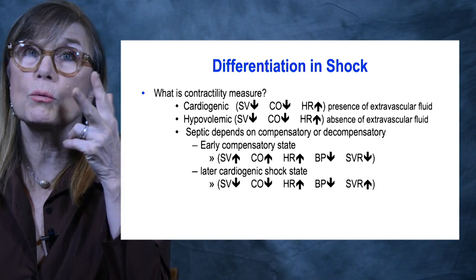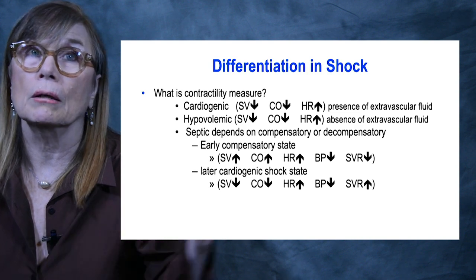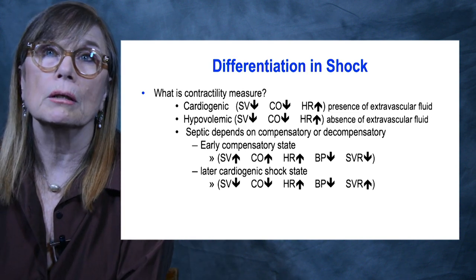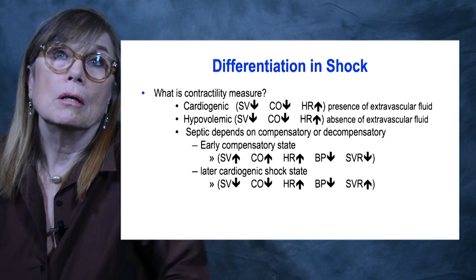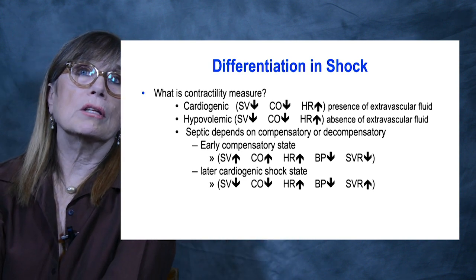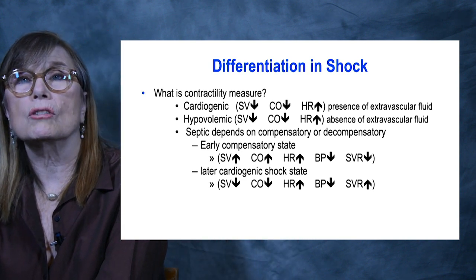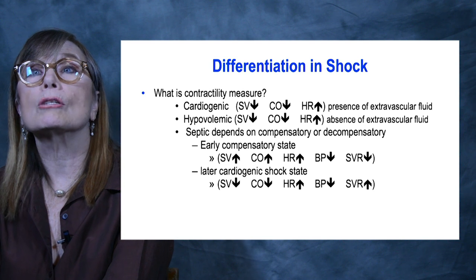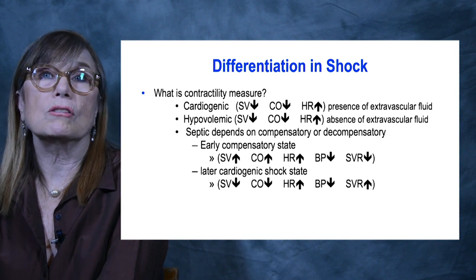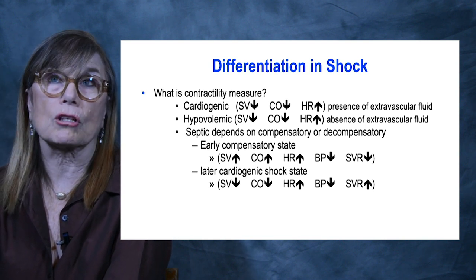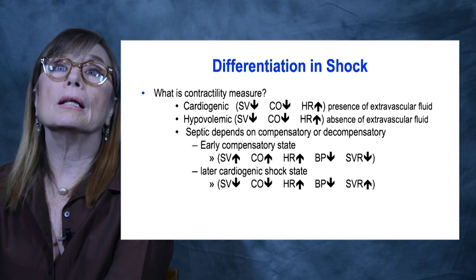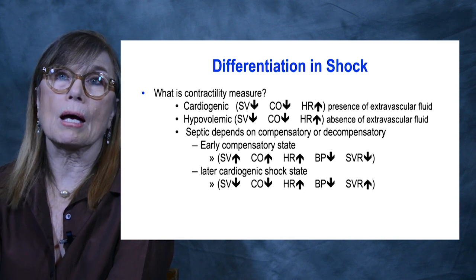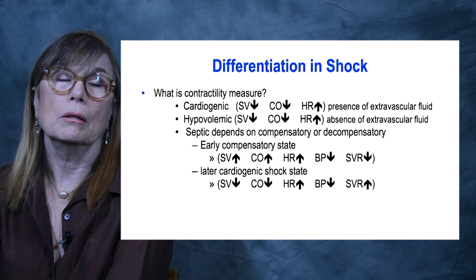So the difference between cardiogenic and hypovolemic is the presence or absence of fluid. And again, in sepsis, it depends on whether they're in the compensatory or decompensatory state. In early compensatory sepsis, you have an absence of extravascular fluid. But in later decompensatory sepsis, you have a high presence of extravascular fluid.